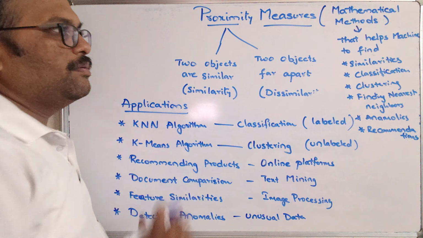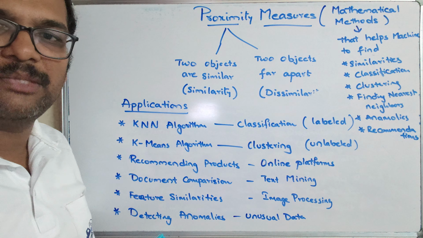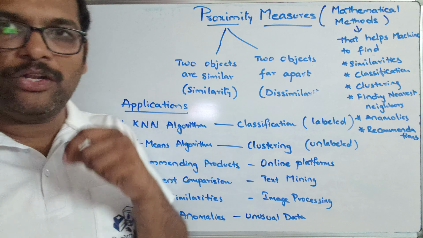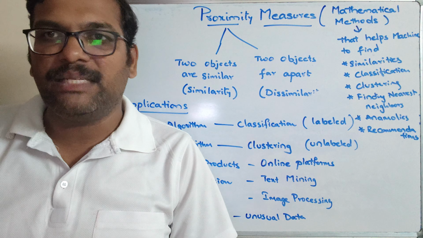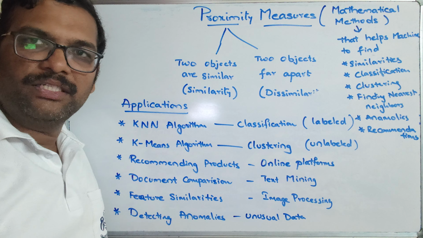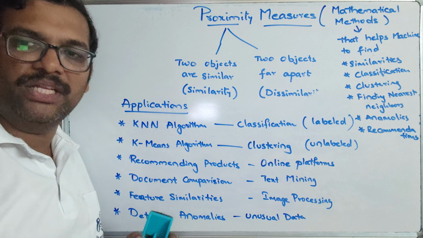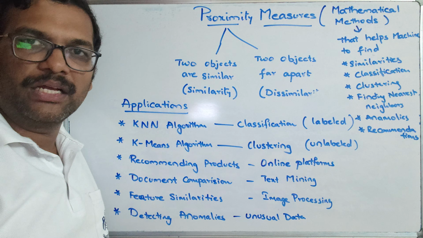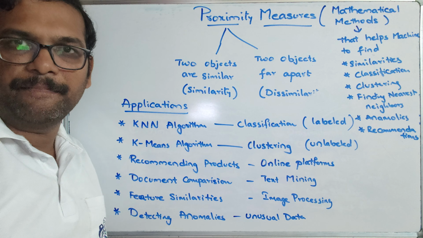Right? So this is the complete list of applications where we are going to use these proximity measures. Mainly two proximity measures: one is similarity, another one is dissimilarity. Right? So hope you understood this one. This is a very basic concept in machine learning. Everyone has to know about this before applying machine learning algorithms. Okay, the concept behind the algorithm, you can say.